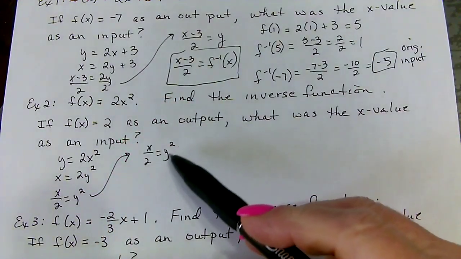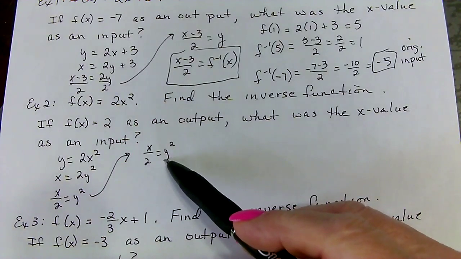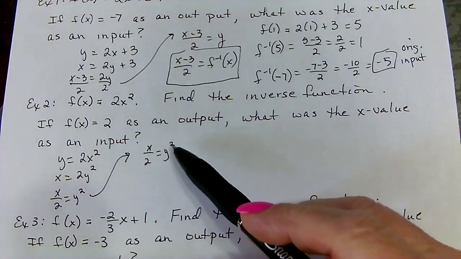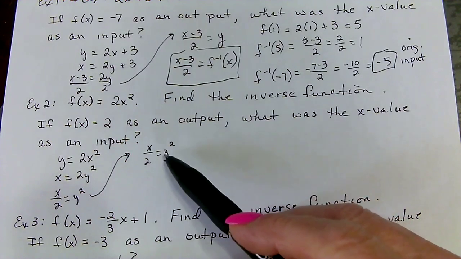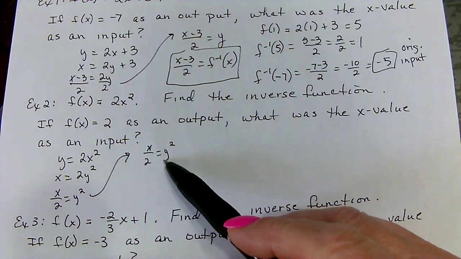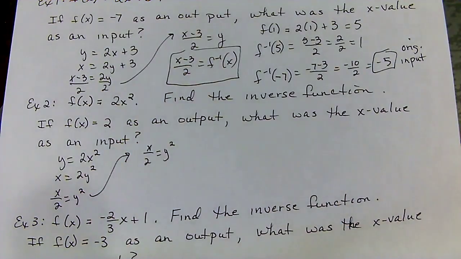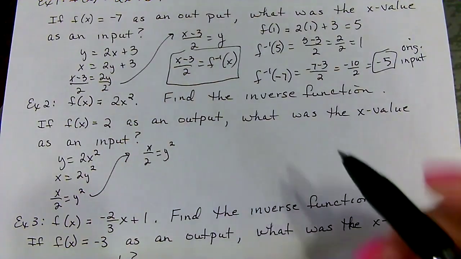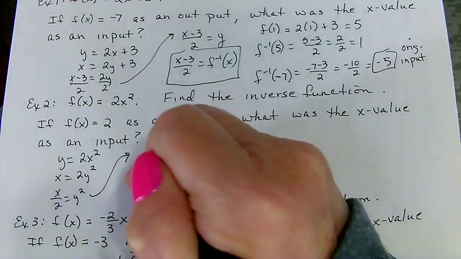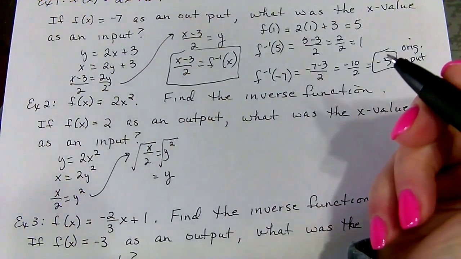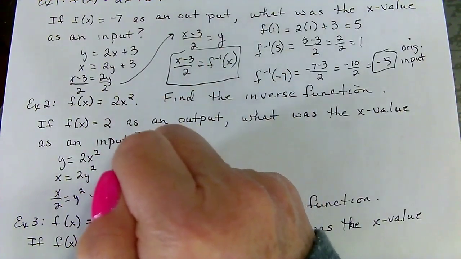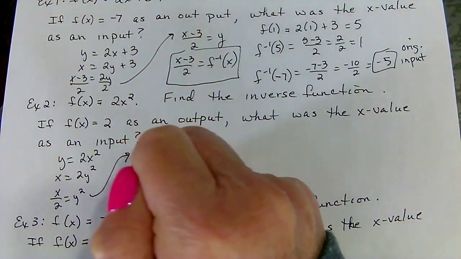Now, when the y is squared, we're going to have to take the square root of both sides. But if you remember from, I believe it was our first section in this chapter, when you do a square root, there is a plus and minus value. That's going to be the case here. So I'm going to take the square root of this and the square root of this. This side does become y, but over here, I'm going to have a positive and a negative.